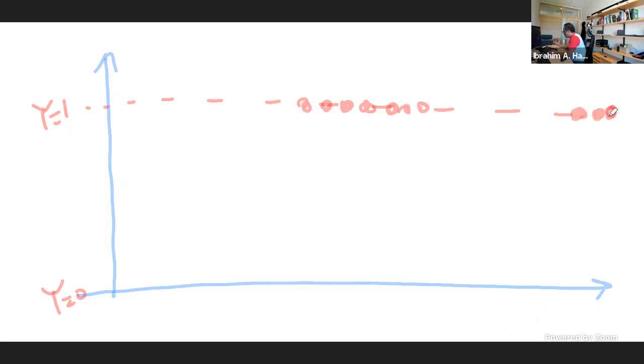And I have some data points here, which are class 0. So instead of using a linear model, we will use the Gaussian, this logistic regression model. So in this case, I will select this one.